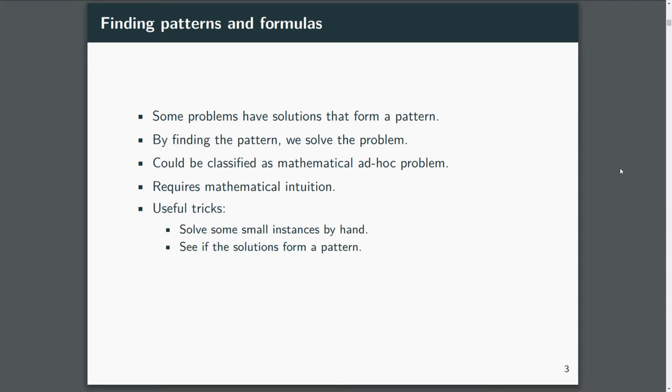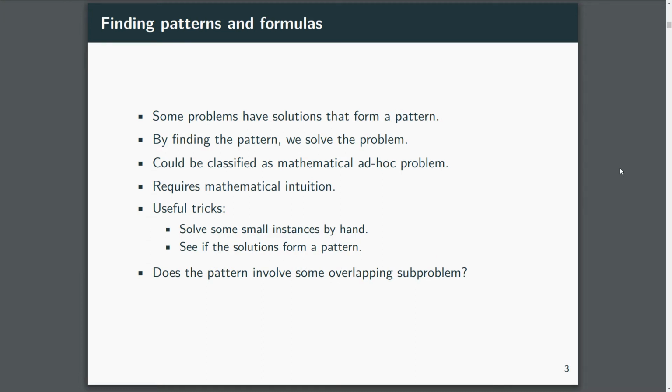So some tricks you want to keep in mind are you should solve small instances of the problem by hand. And then see if these solutions form some pattern which you can perhaps find a closed formula to.